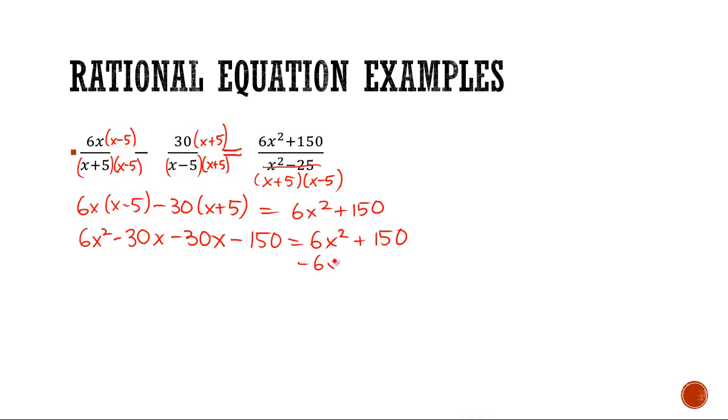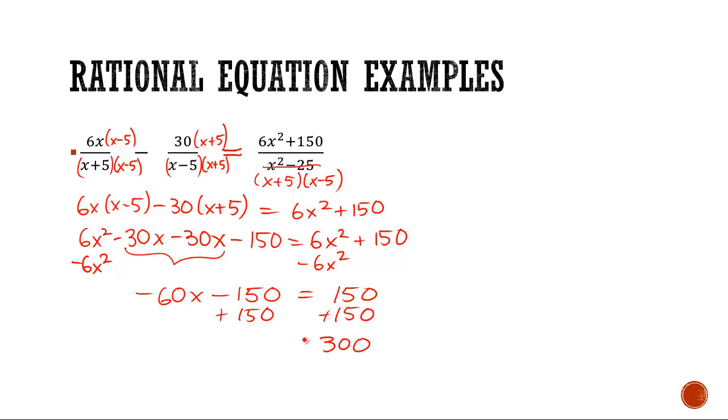So if we subtract the 6x squared from both sides, now we're left with negative 60x minus 150 equals 150. Add 150, you get 300 equals negative 60x, and that gives us, when we divide both sides by negative 60, negative 5.